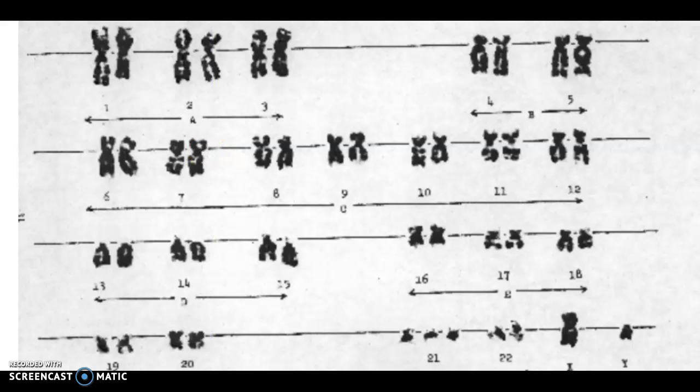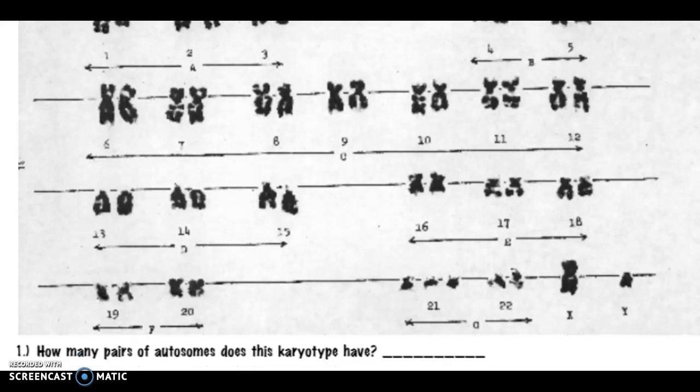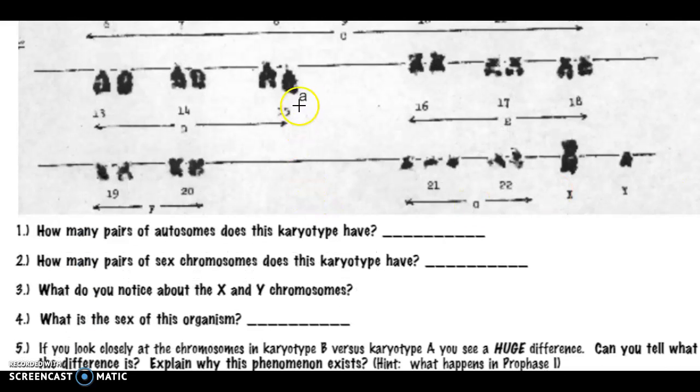And notice as we're looking through here, we would expect to find 2 in each pair, in 1 through 22. So far so good. When we get down here to 21, we see a difference. They should be pairs. There's 2 there, 2 there, 2 there, and so on. At chromosome 21, we have 1, 2, 3 chromosome 21s.